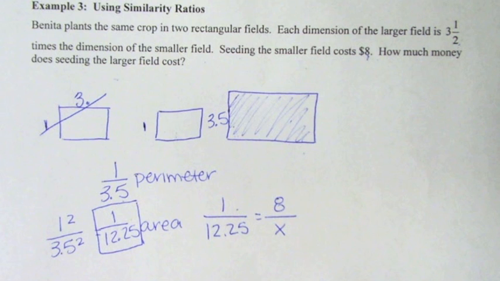Let's make sure we know that x equals the cost of seeding the larger field. Doing this a little bit backwards, you should probably define your variable before you put it in the proportion. All right? So now we cross multiply. X is going to be equal to 8 times 12.25. So X is actually going to be equal to $98.